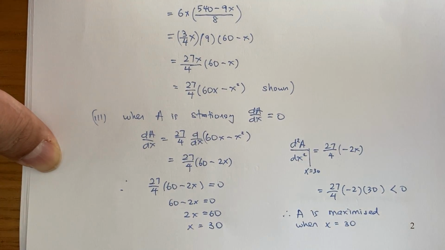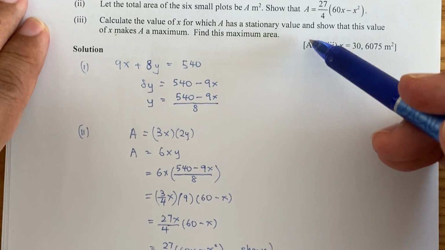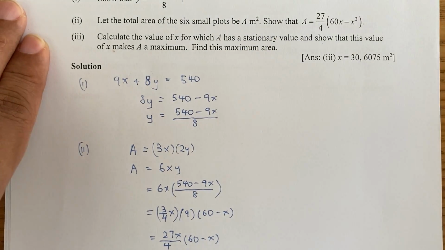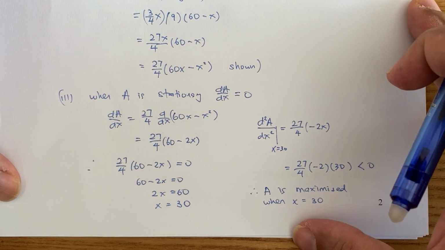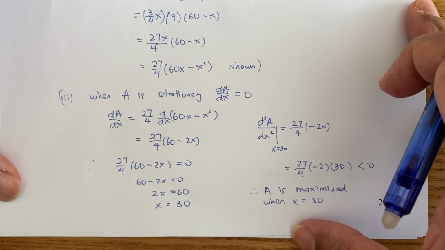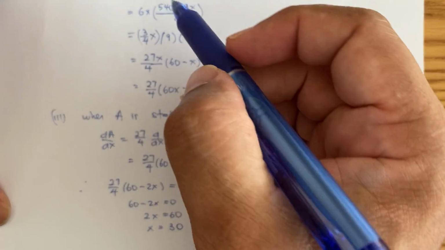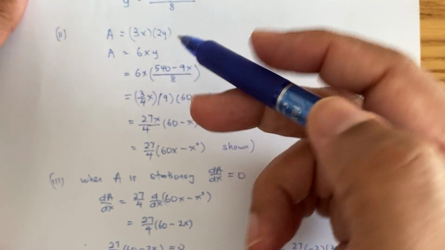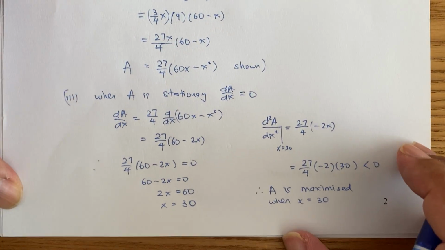Now again, that's not the end, because if you look at the question, they ask you to find the maximum area. To find the maximum area, we don't have to look very far because the formula is there. We know that this is all A. So this is the formula that I need to use.